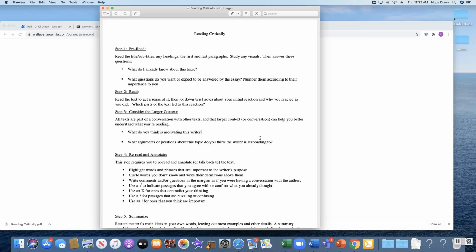So before you figure out how you're going to respond or what you even think about the article, you need to make sure that you read it critically, or as our textbook says, read with a critical eye.